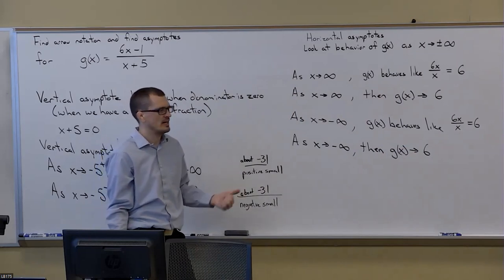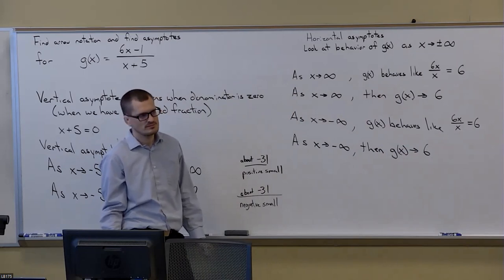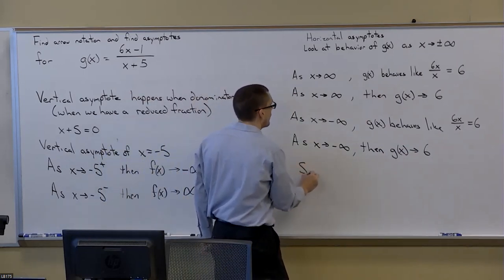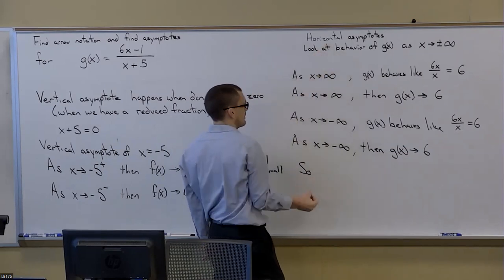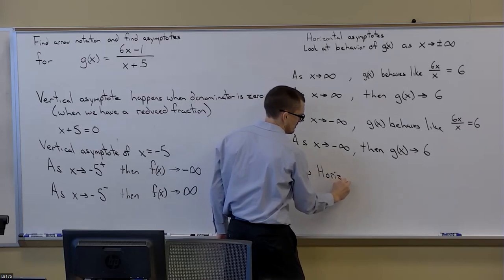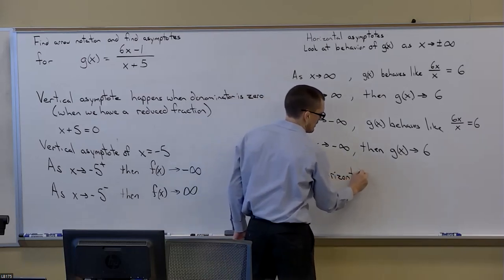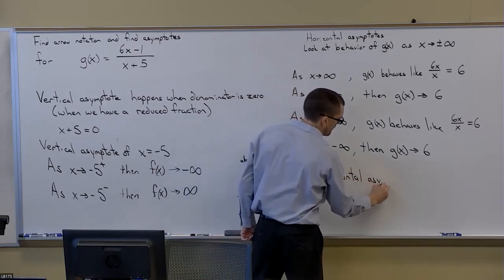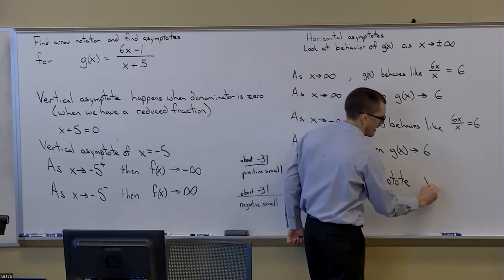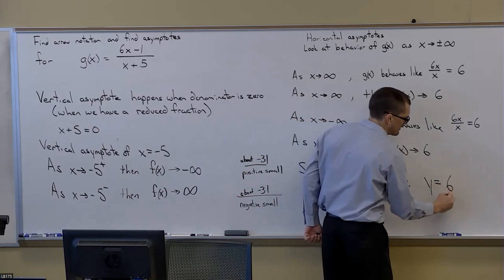Leading terms dominate. So what are we saying? Well, we're saying we have a horizontal asymptote of y equals 6.